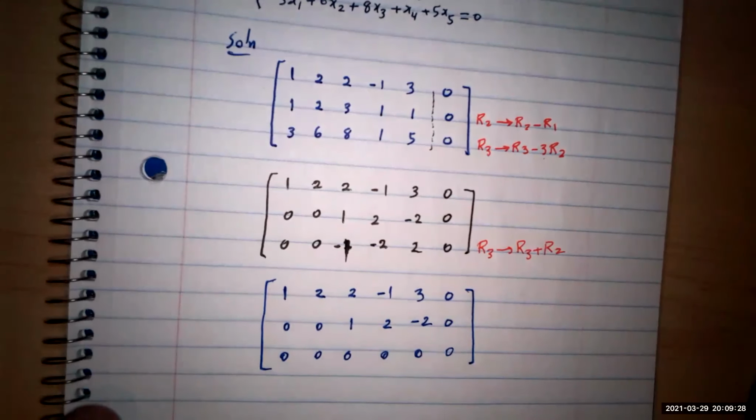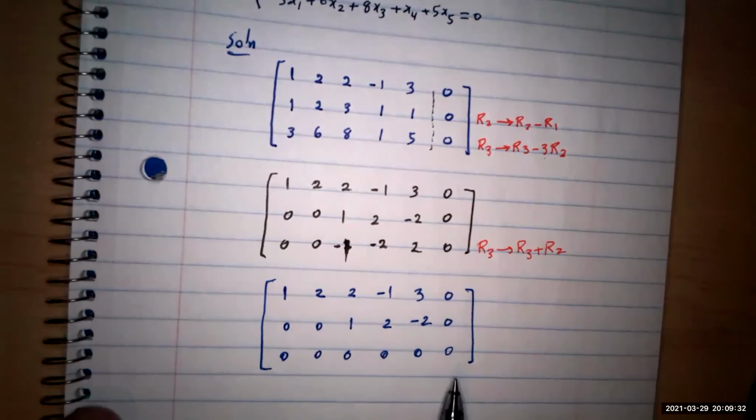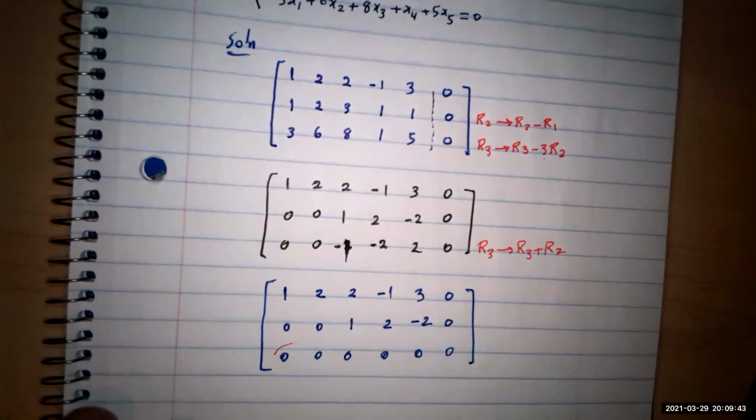Now as you can see, the last row happens to be all zeros. So you lose another equation. That should give you infinitely many solutions. The system would be dependent.